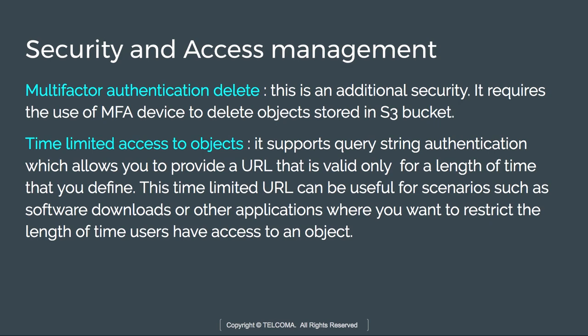Time-limited URLs can be useful for scenarios such as software downloads or applications, where we want to restrict the length of time users can access an object. It supports query string authentication, which provides you a URL, and that URL is valid only for a definite length of time.